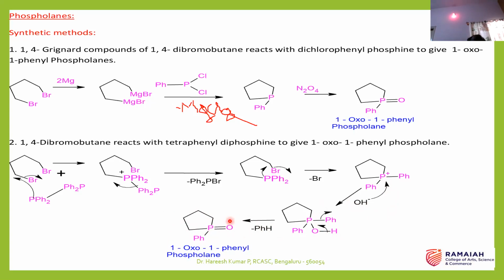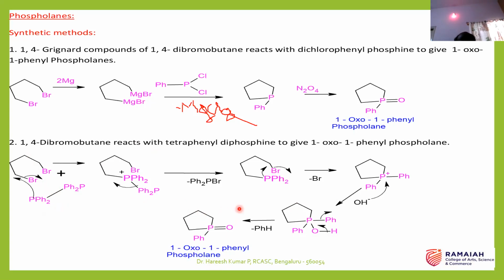It is obtained when 1,4-butane dibromide is treated with tetraphenyl diphosphine. So these two are the reactants, and this is the product. That's all.